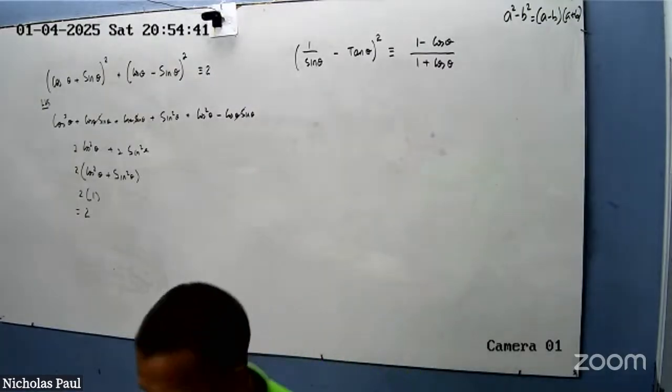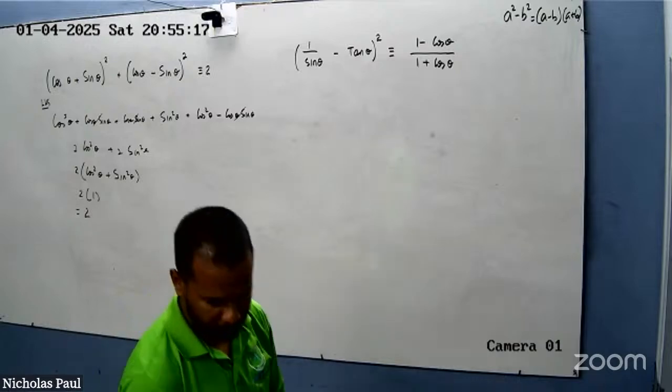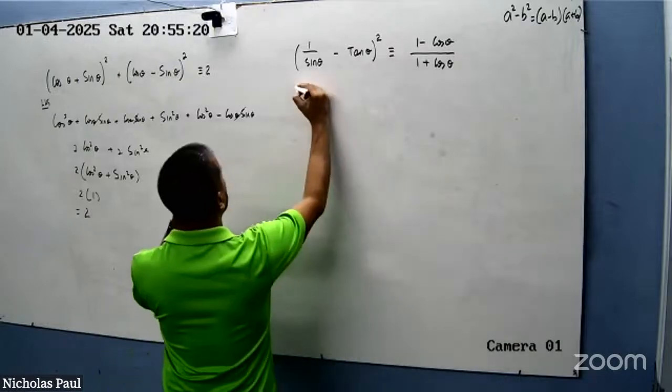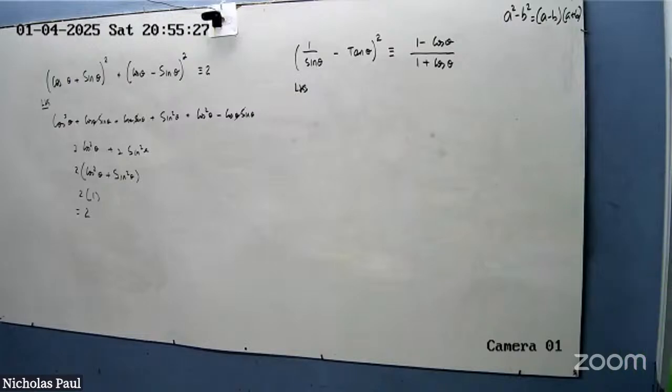Let's see what you do for the second one. Anybody get to the second one? The key is simplifying. Simplifying inside the bracket first.